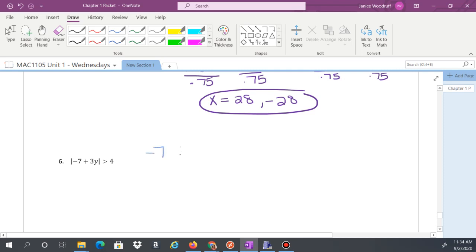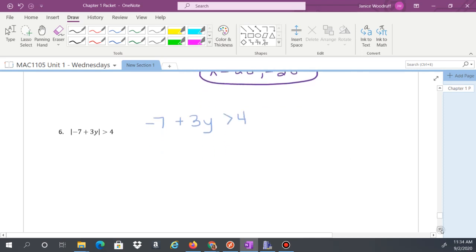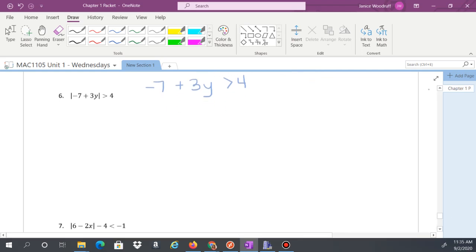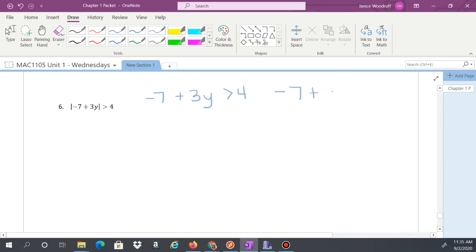So negative 7 plus 3y is greater than 4. The second one, negative 7 plus 3y, you're going to change the sign, but you're also going to change the inequality symbol. So it's less than negative 4.